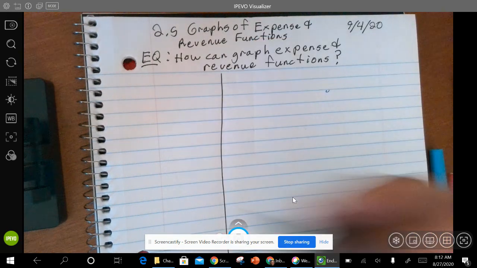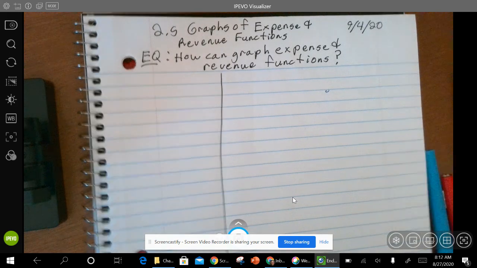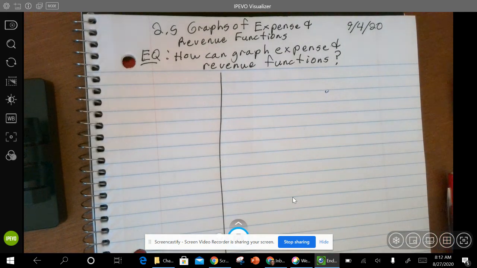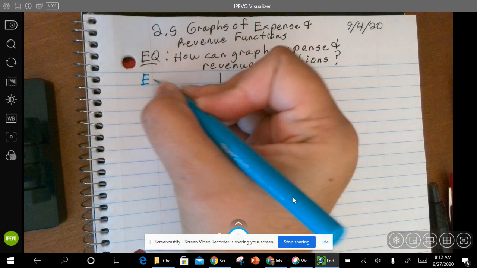Okay, so let's look at this first one. For expense functions, expense functions are going to be linear.